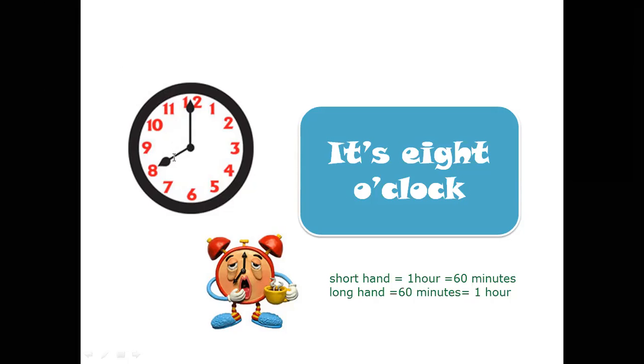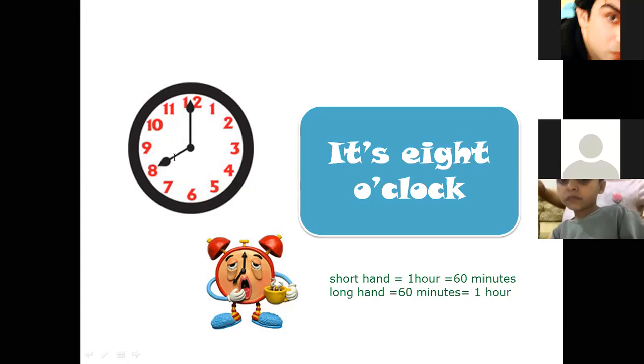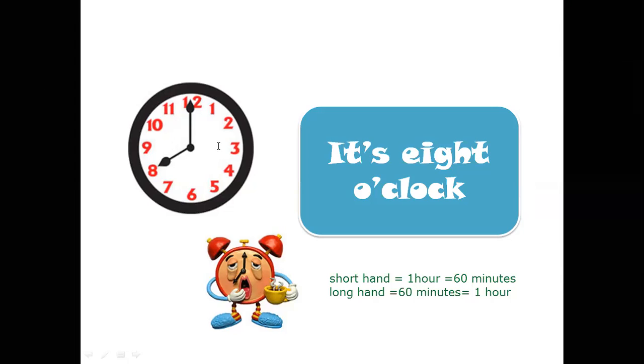The smaller hand is on 8, whereas the longer hand is on 12. So what is the time? It's 8 o'clock. Why? Because the long hand is exactly on 12.